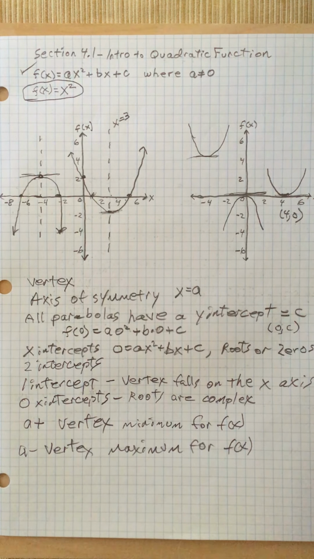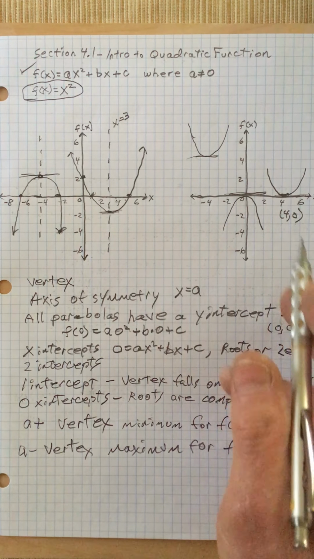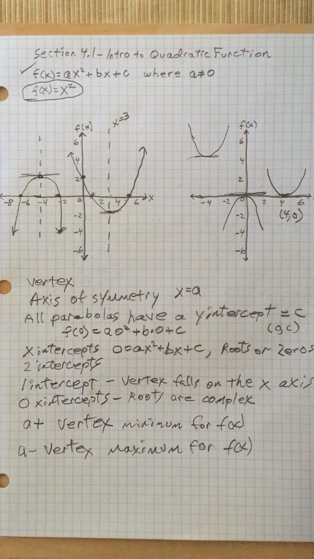So we'll do that next, and then in the section following that, we're going to read word problems and figure out how to create a quadratic function from the word problem, and then we're going to look for a minimum or a maximum. Basically, we're going to look at the vertex, particularly the y coordinate of the vertex, to solve these problems. Okay.